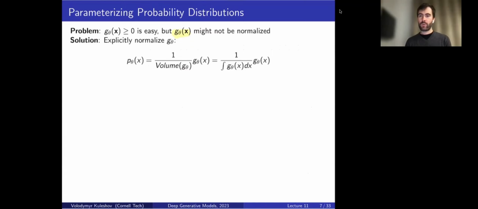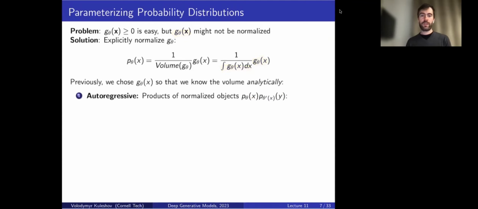In practice, what we have to do, and what we actually have done implicitly, is to normalize this g of theta by its total volume or by its integral, such that it does sum to 1. So we have to apply some kind of normalizing factor to an arbitrary g of x in order to enforce this sum to 1 property. And we have implicitly done that when we defined the different types of generative models that we have seen in previous lectures.